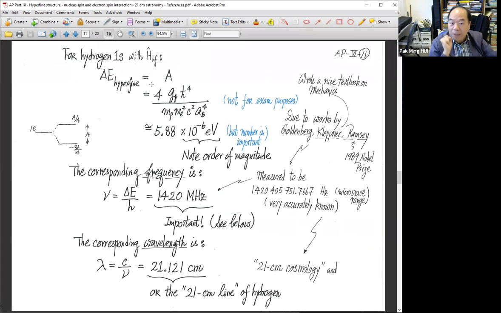I claim an expression, but I don't derive it for you. But you can look it up for the magnetic dipole moment, then you multiply them together. It basically will give you this prefactor. So it is this whole chunk of constants. Mass of proton, mass of electron, okay? And then the Bohr radius, the proton G factor, because that is related to the proton spin, okay?